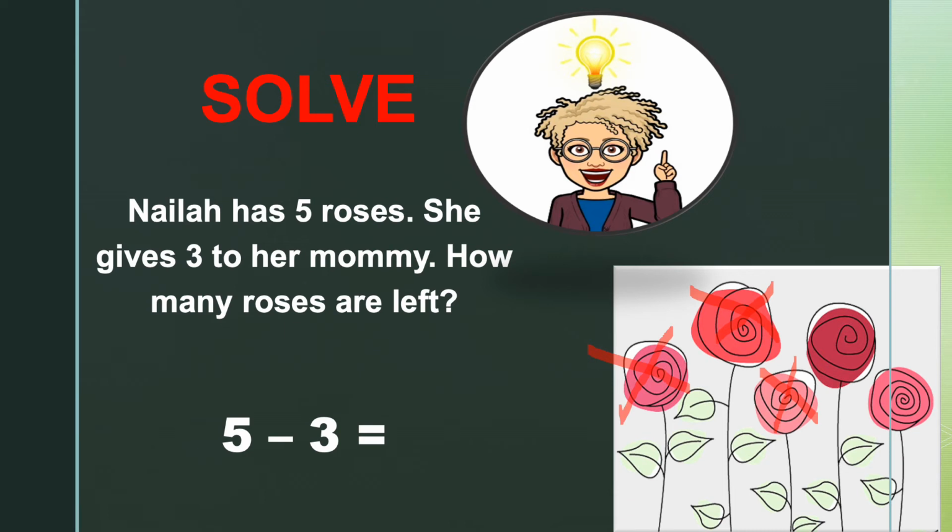Once we've taken away our 3 roses, we have to count how many are left without X's on them. So here we go. 1, 2. 2 roses are left.